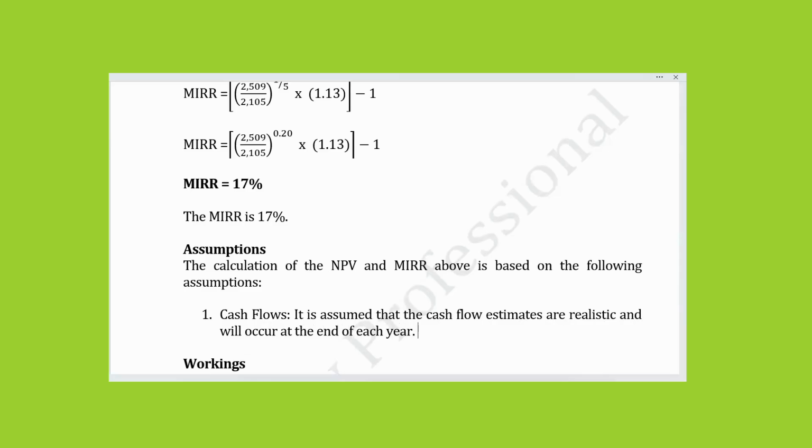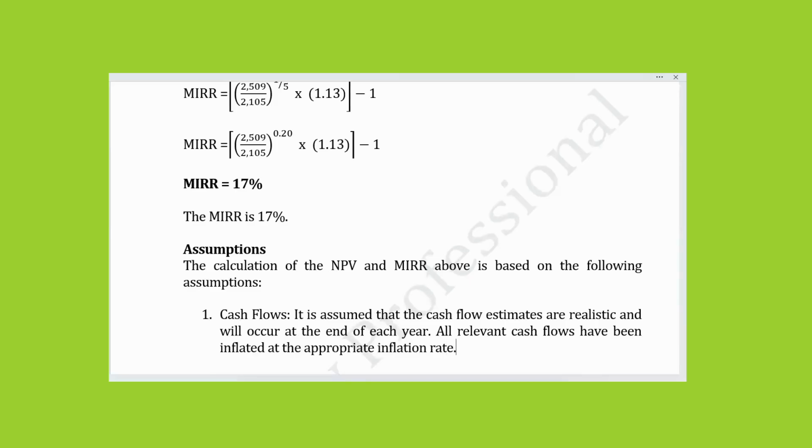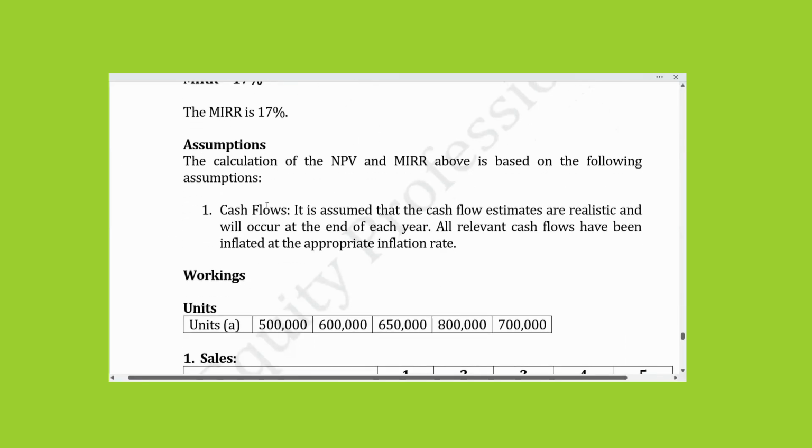You can then, if you like, go further by saying that all relevant cash flows have been inflated at the appropriate inflation rates. That's it. You are telling the examiner how you have arrived at your figures.